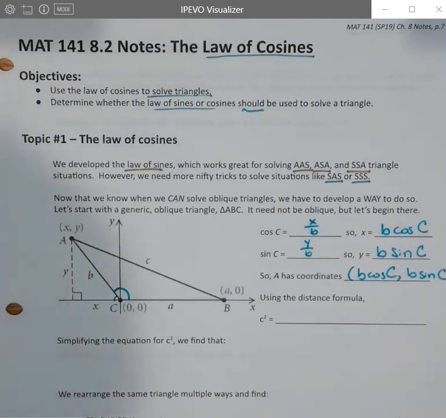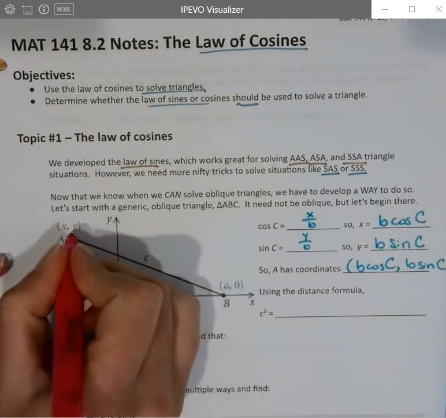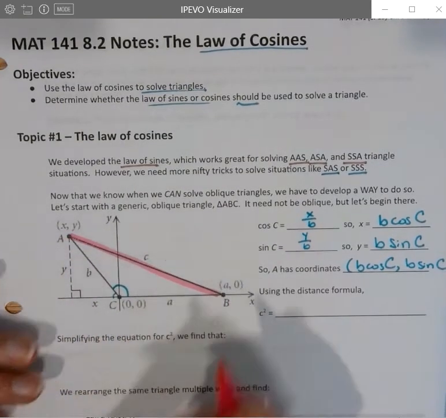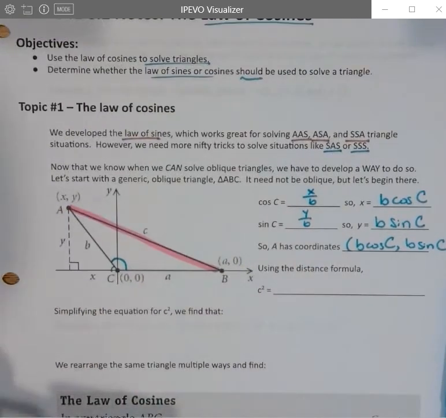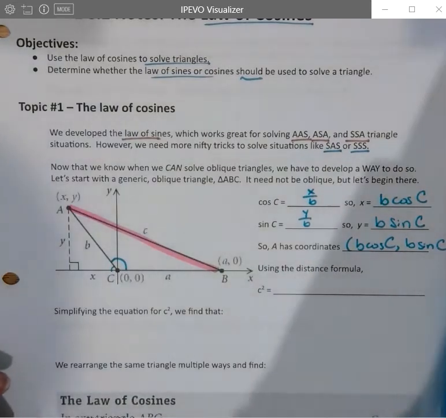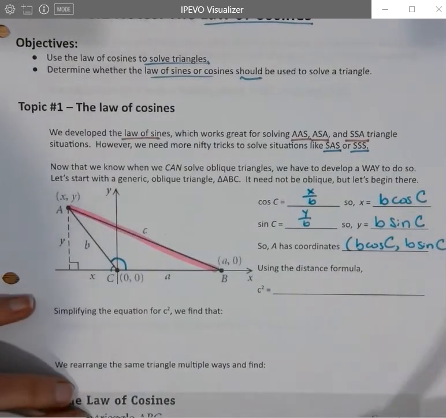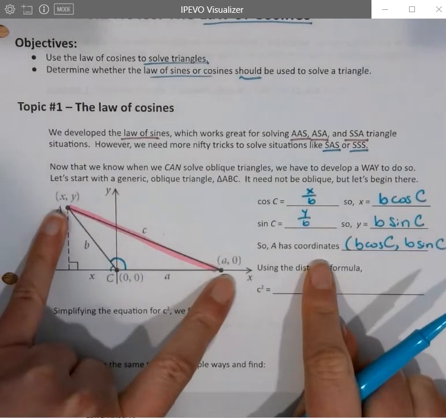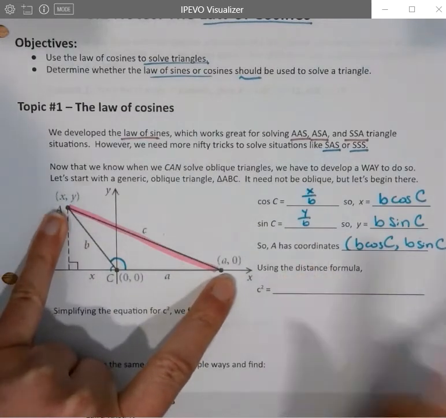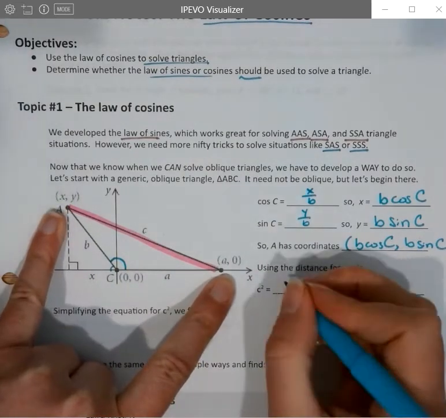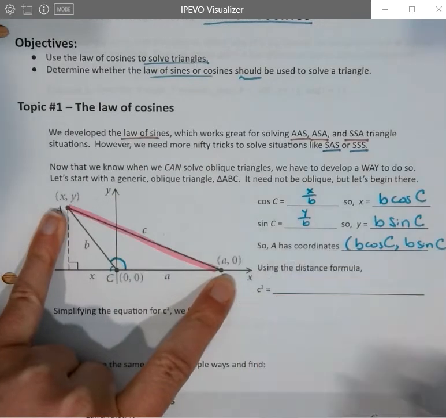Now, using the distance formula, we can find c squared. And so the distance formula is, remember, if I subtract the x coordinates, I'm looking at these two points, x, y, and a, 0. The distance formula would be the difference of the x coordinates.